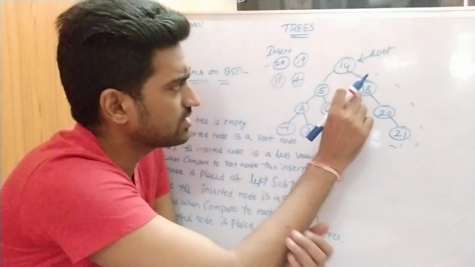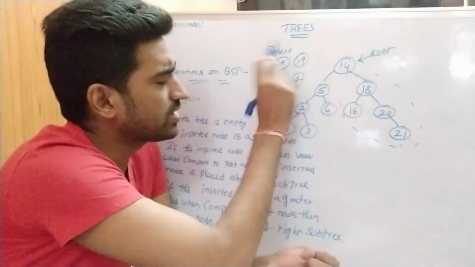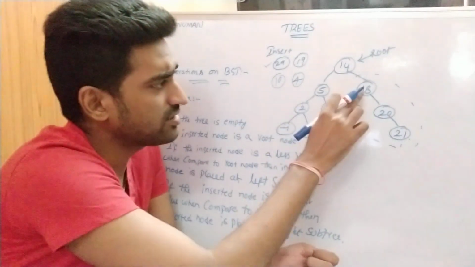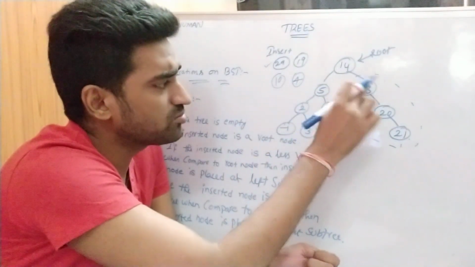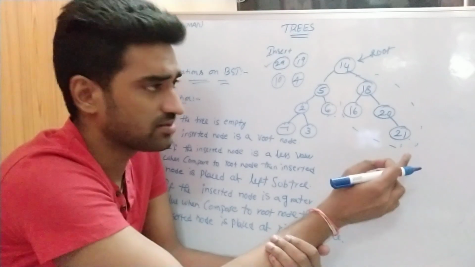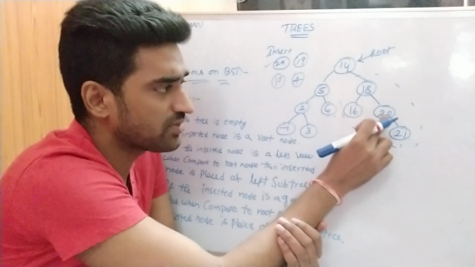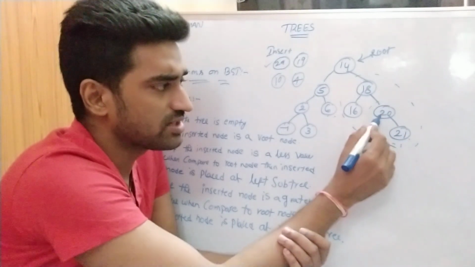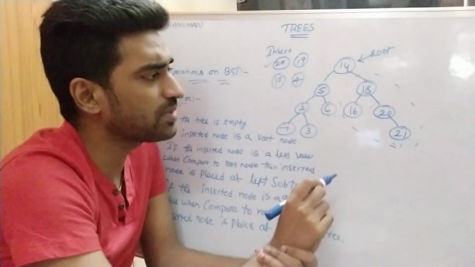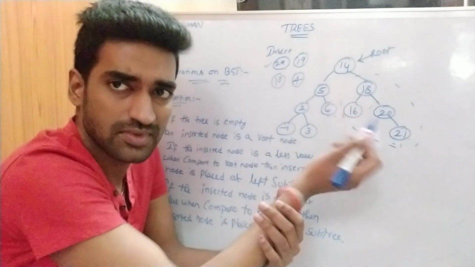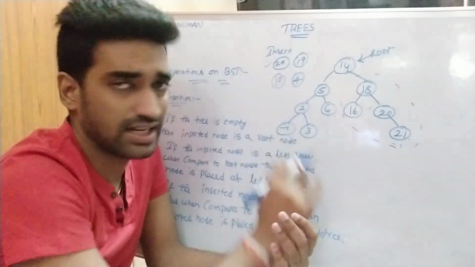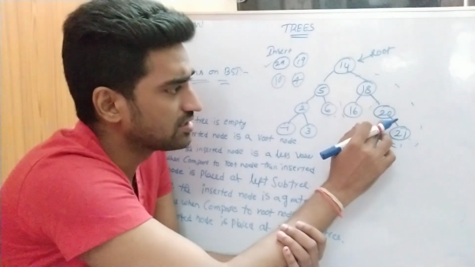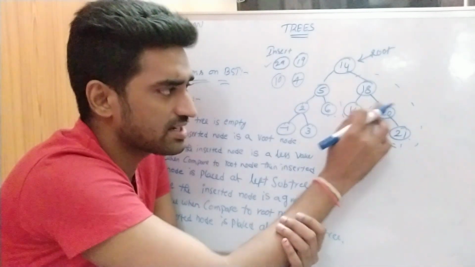When compared to 18, 29 is a greater element, so we place it at the rightmost position of the right subtree. The rightmost position is not vacant, so this is considered as one more subtree. For this subtree, the root node is 20. When compared to 20, 29 is a greater value, so we place it at the rightmost position of this right subtree.